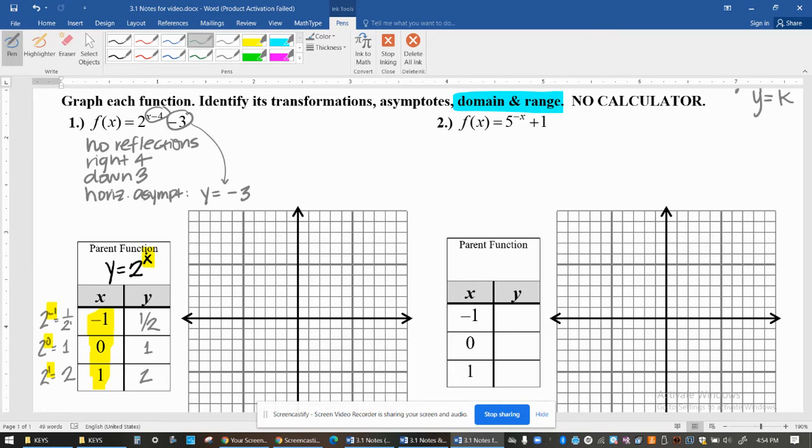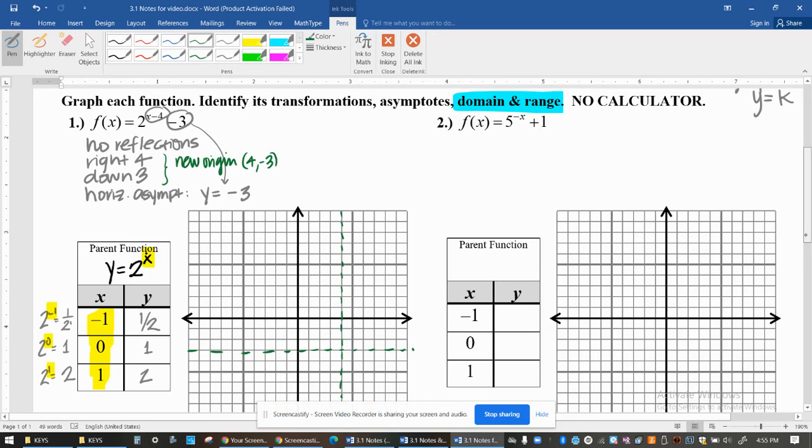So my new origin is going to be 4, comma negative 3. So we need to go 4 to the right. That's going to be where my x-axis goes, and then negative 3.